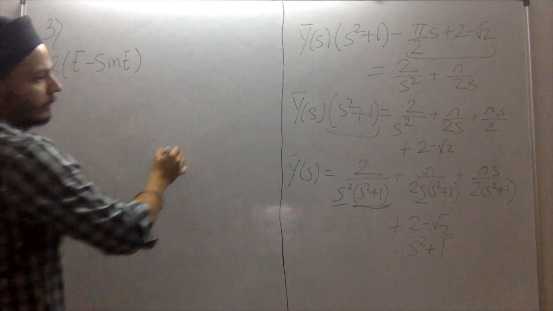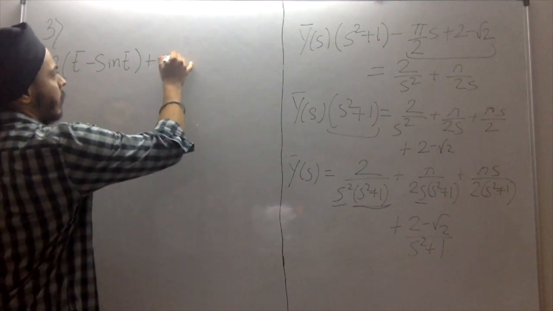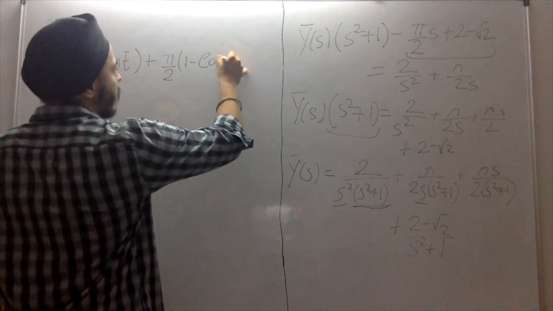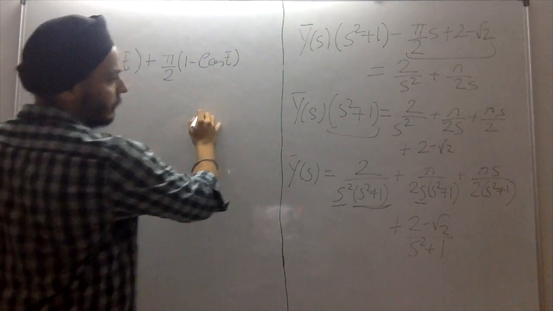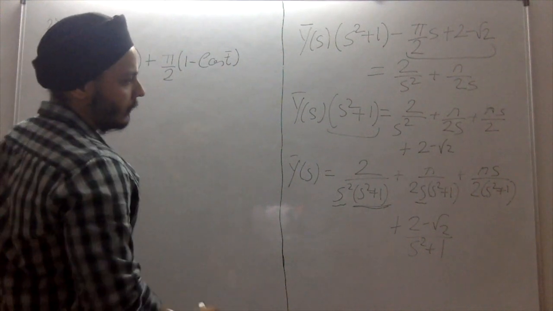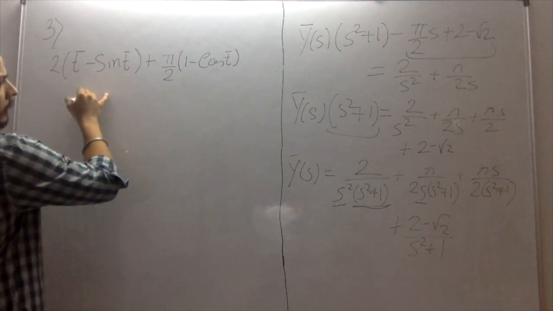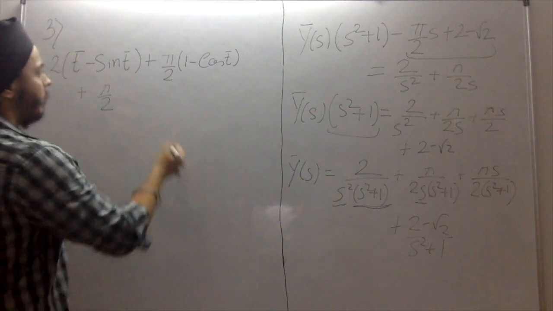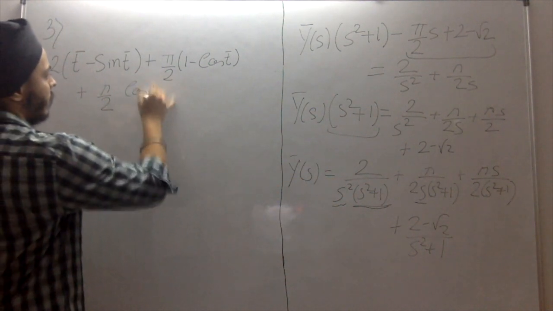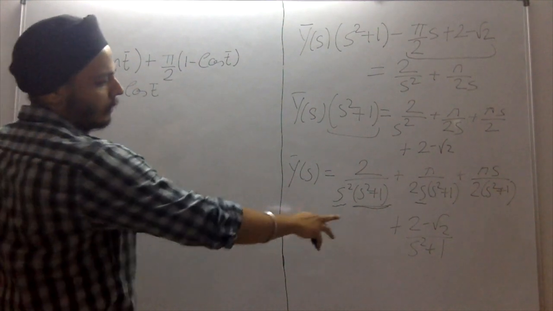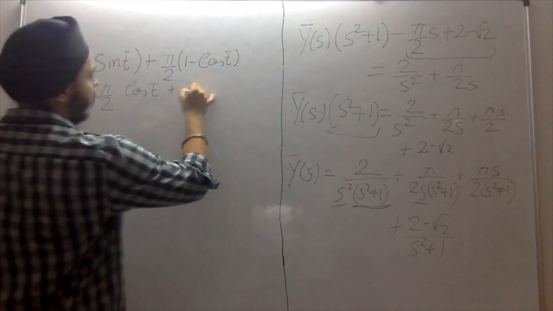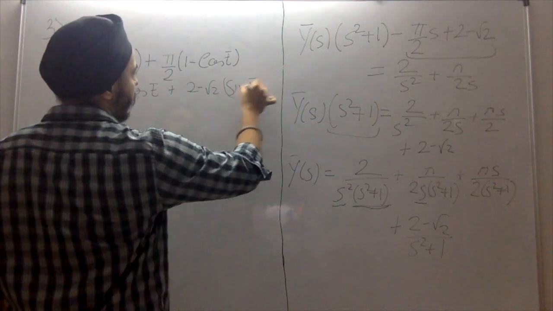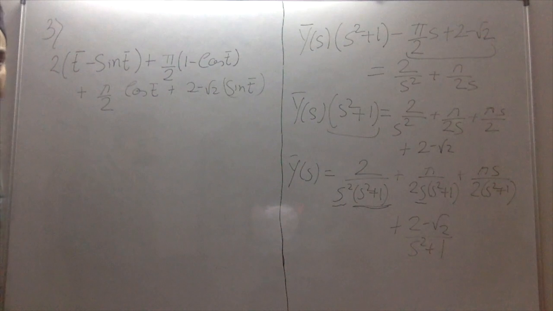2 times t bar minus sin t bar, plus pi by 2 times 1 minus cos t bar, plus pi by 2 s by s square plus 1 will be simply cos t bar, and 2 minus root 2 by s square plus 1, which will be sin t bar.